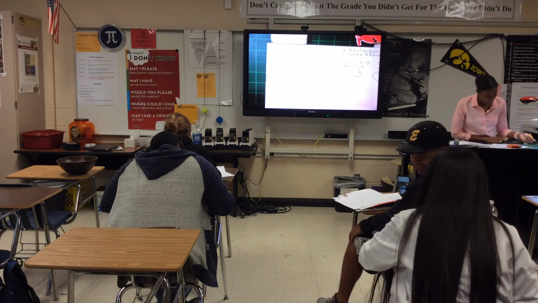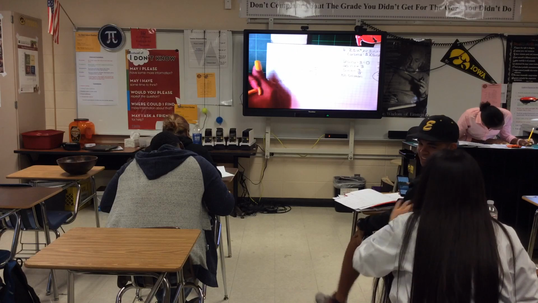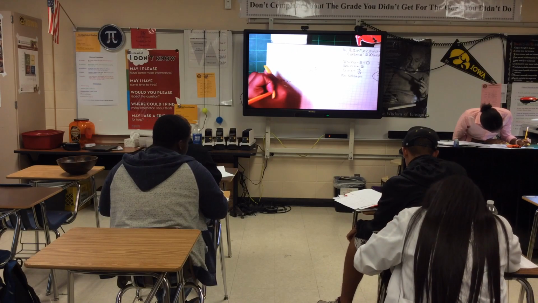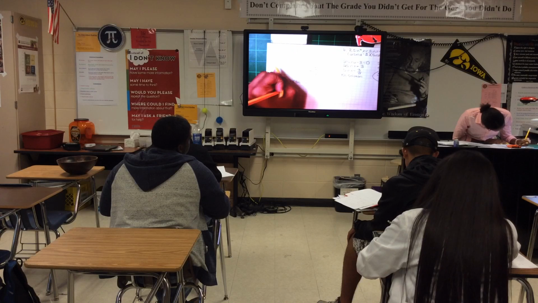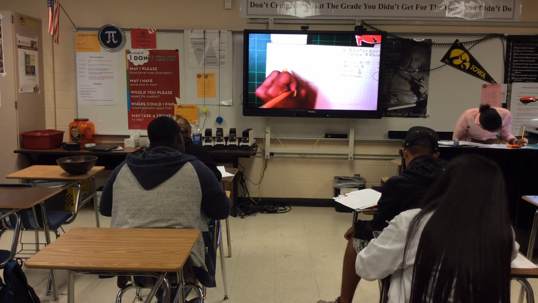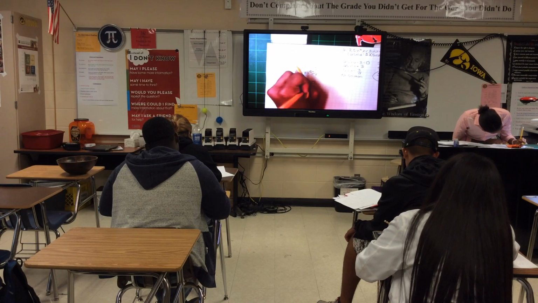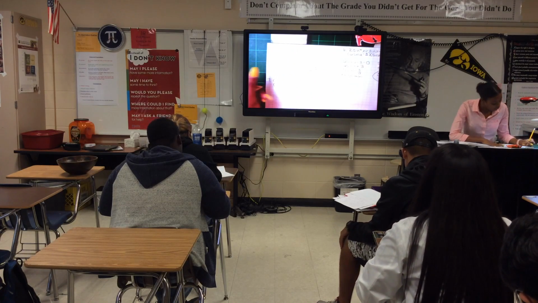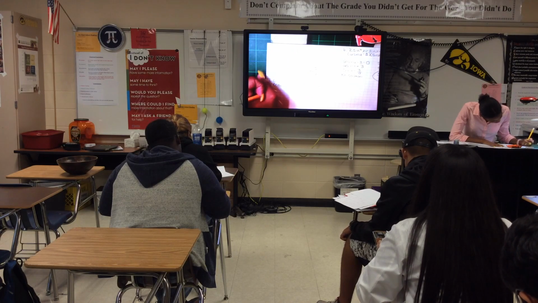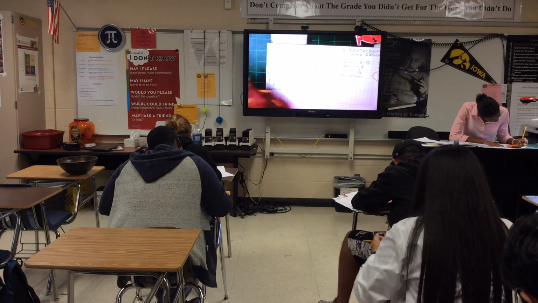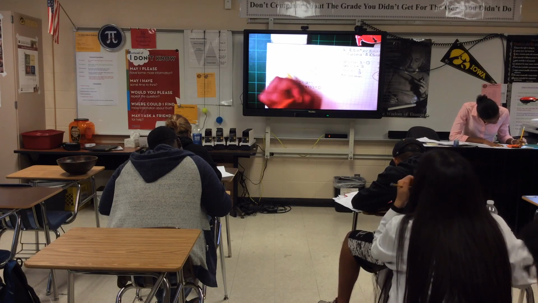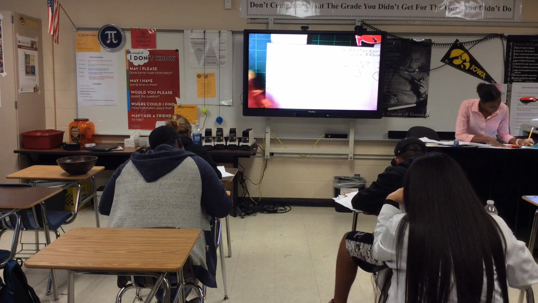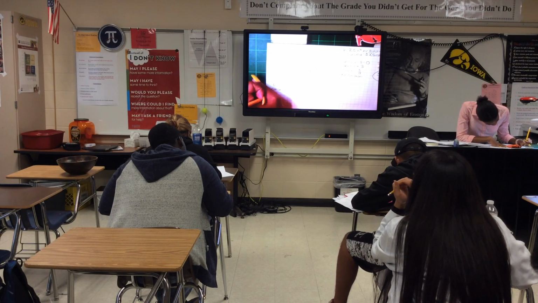So it will be secant x minus 2, secant x plus 1, and it will equal 0. And we have two cases again. So it'll be secant x minus 2 equals 0, and cosecant x plus 1 equals 0.